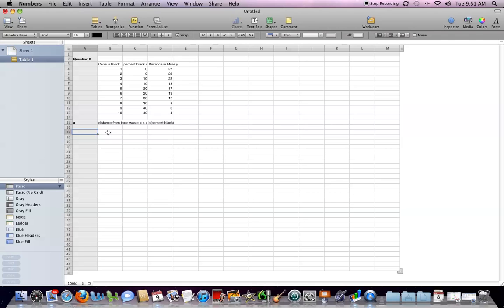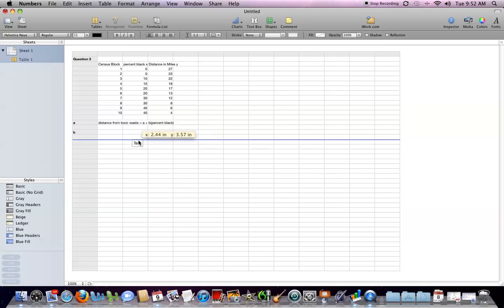Now, interpret the y-intercept. What does the intercept tell you exactly? A. Okay. I'm going to put this in a text box so I can move it around some. What is the y-intercept?